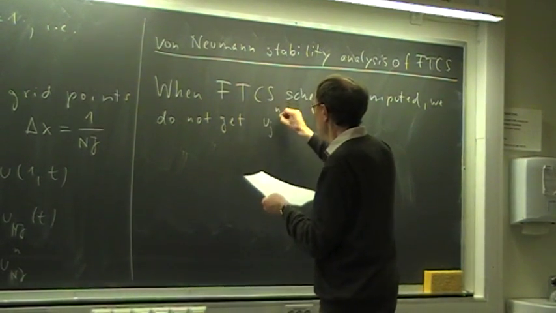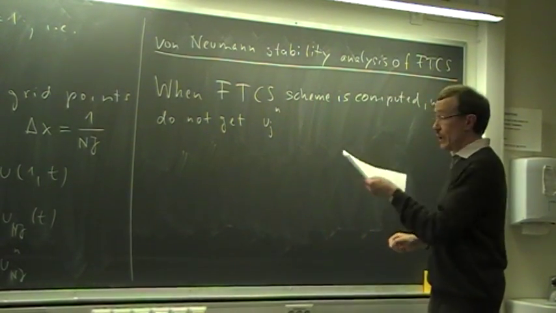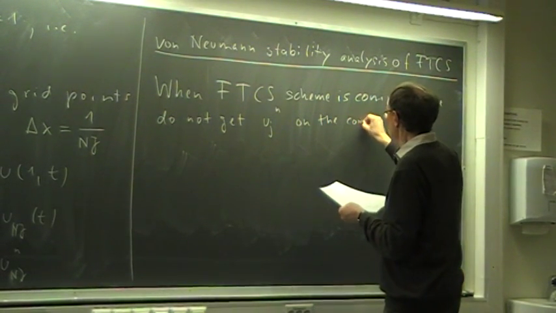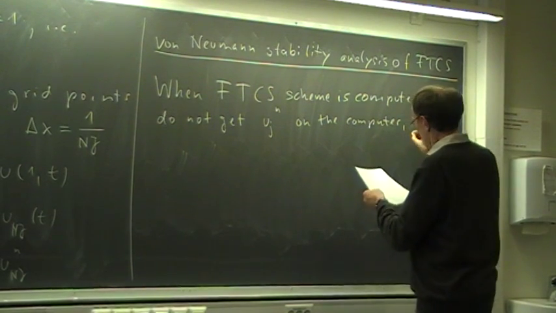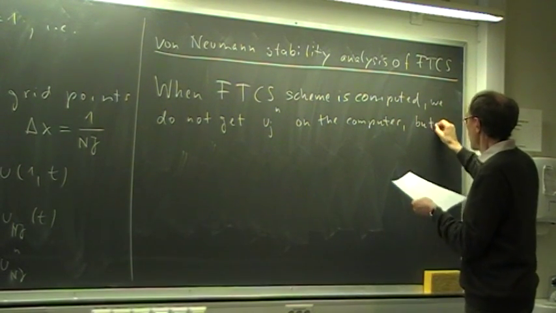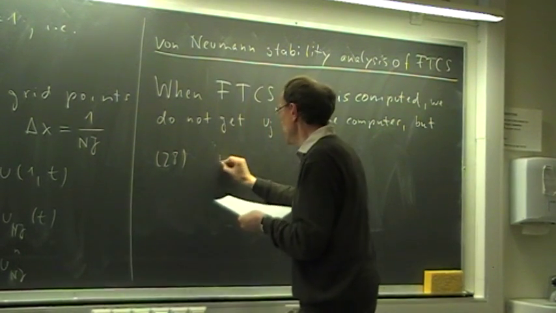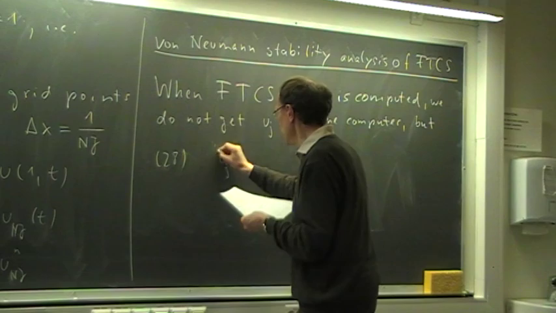So we do not get, for example, a numerical solution ujn on the computer, but we get something different, and we can write that in the following way: ujn, I call it tilde.